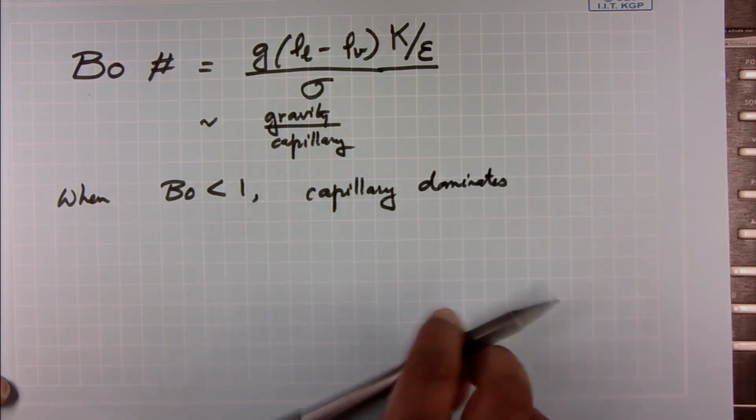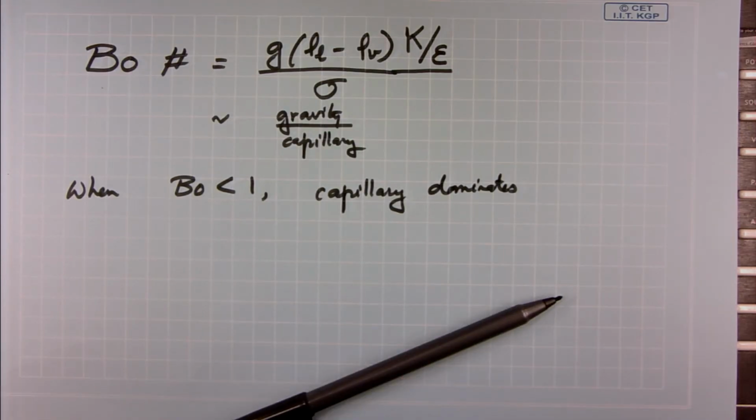What does that mean? What that means is, if you remember the figure that we were seeing, the percolation of the liquid layer into the porous medium will happen earlier, okay, because gravity is weak, capillary is pulling it down. It wants to move down, but the capillarity is moving it outside. So, the liquid layer becomes thicker.